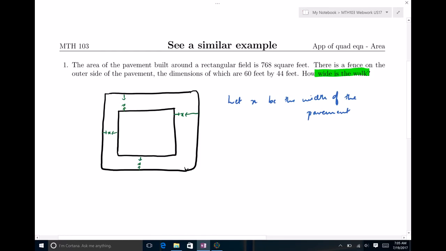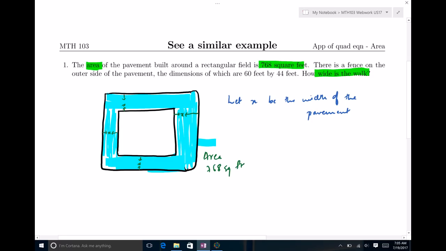The other things that I know is that the area of the entire pavement is 768 square feet. That means, well, this entire part, I'm going to roughly color it. I know that the area here is 768 square feet.